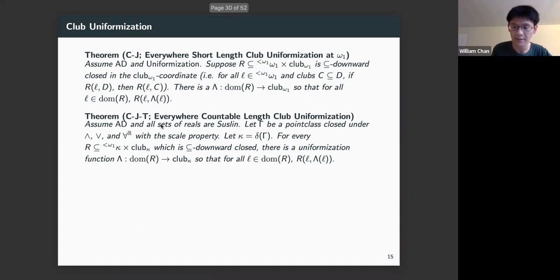Let kappa be what's called the pre-well-ordering ordinal of gamma. This is the sup of the lengths of the pre-well-orderings on R which belong to the delta point class associated to gamma. Then for every relation R on kappa to the less than omega 1 cross club subset of kappa, which is subset downward closed in the club coordinate, you have a uniformization function which works on all of the domain of R.